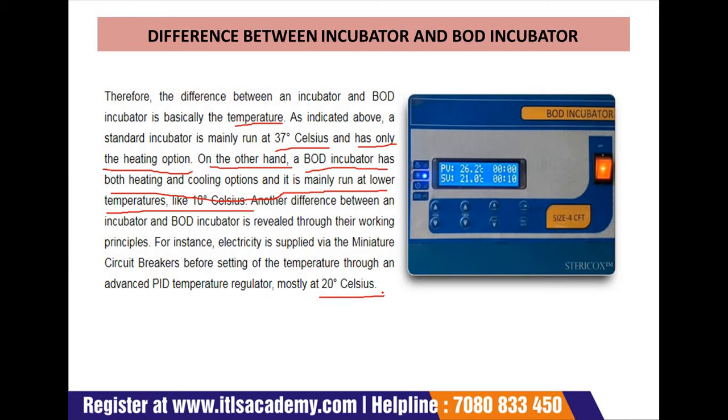The BOD incubator is allowed to run for 5 days, and the refrigeration system starts immediately once the temperature is set. Air is circulated inside the device chamber by an axial fan. Once the temperature sensor detects the current temperature, it provides the PID controller with the necessary data, which in turn ensures that the set temperature remains constant for the desired period of time.